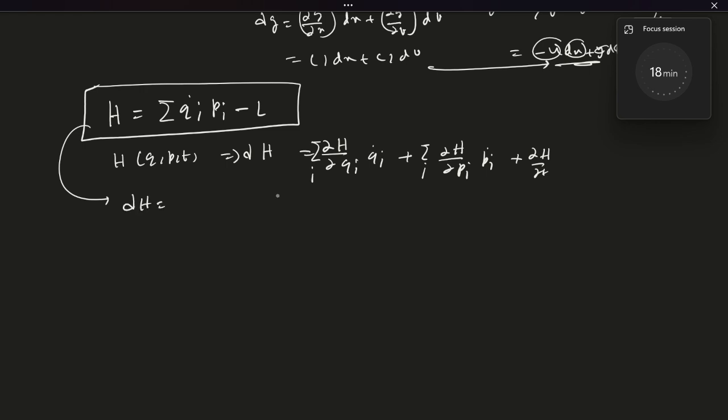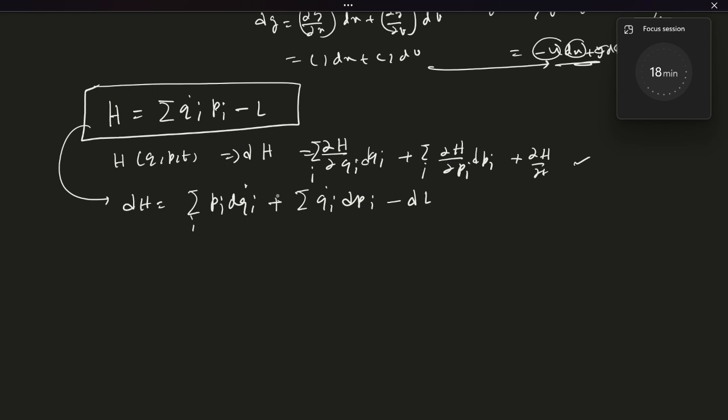What is dH? dH is equal to the summation over i of p_i dq_i dot, no sorry, there will be dp_i, right? I'm not doing dH by dt, I'm doing dH. So dH is equal to p_i dq_i dot plus q_i dot dp_i minus dL.